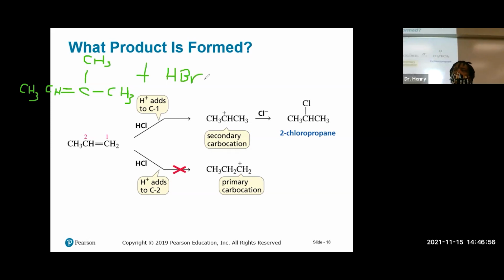Okay. What's going to be my product or my potential products? Think about what's going to be favored and what's not going to be favored.